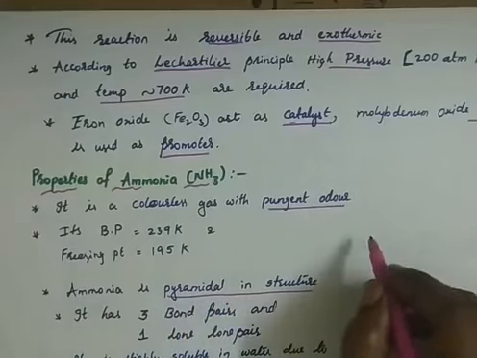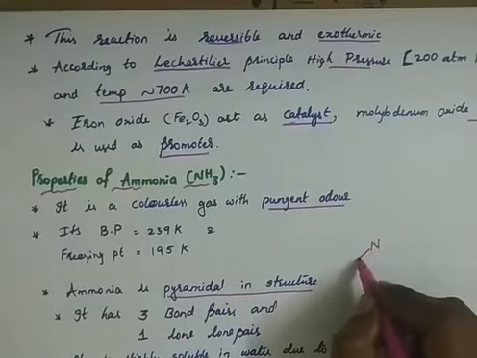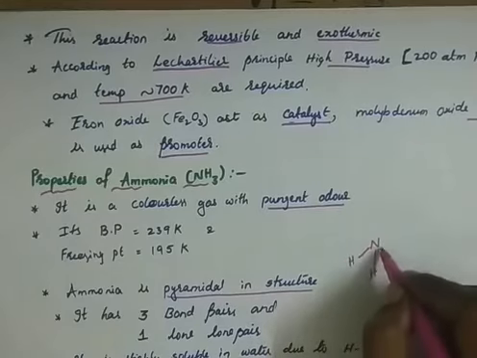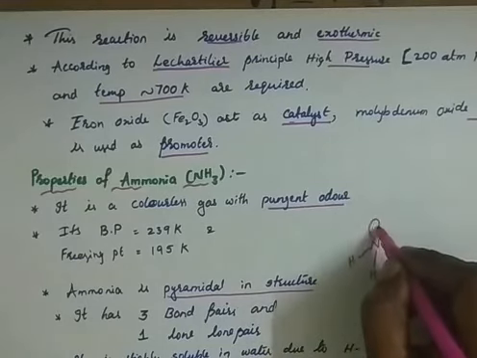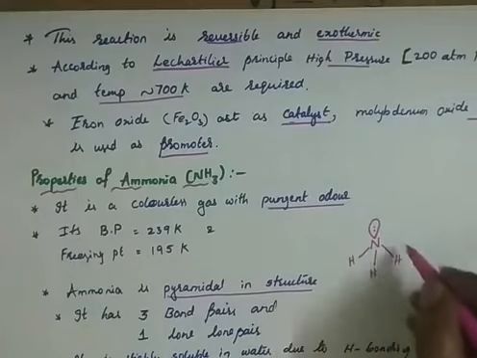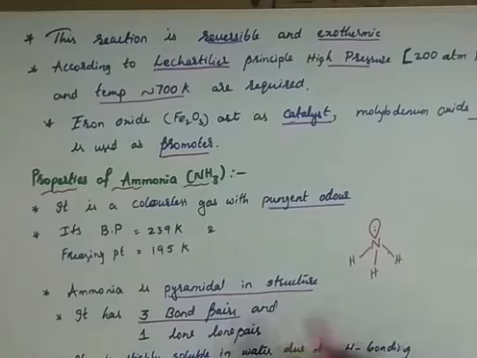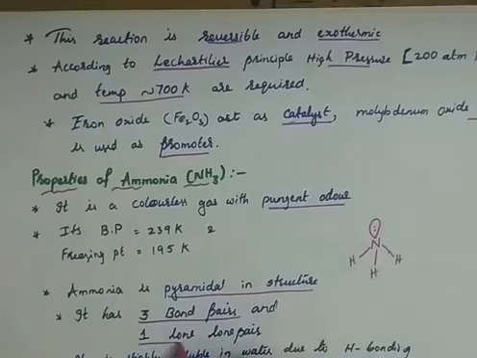You must be in a position to write the structure of any compound that is given. See, ammonia we have written as NH3, and here is my lone pair. So it looks like a pyramidal structure. 1, 2, 3: three bond pairs because it is bonded with hydrogen, and 1 lone pair.